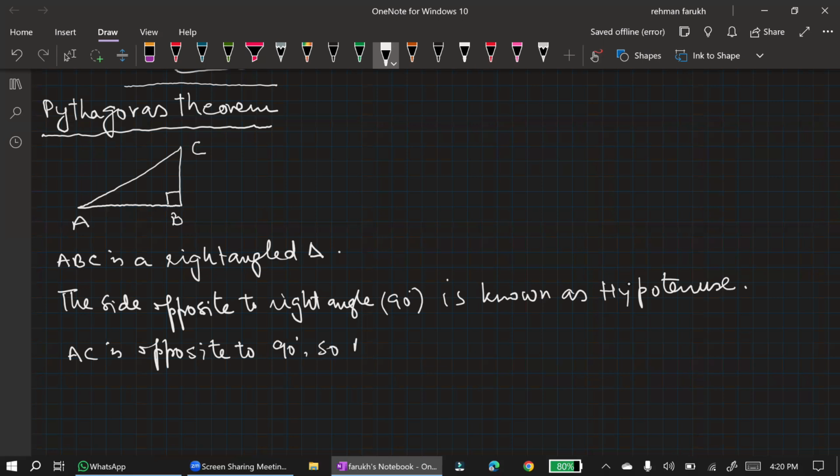So AC is the hypotenuse. Hypotenuse is the longest side in the right angle triangle always.